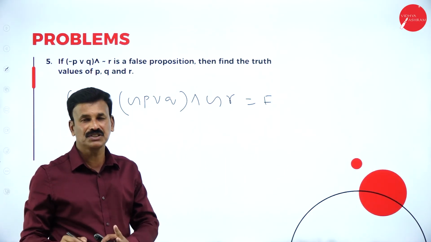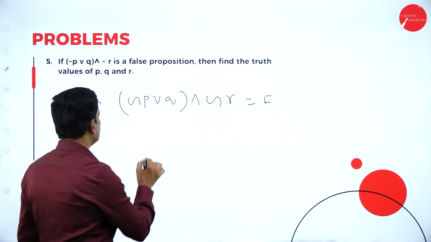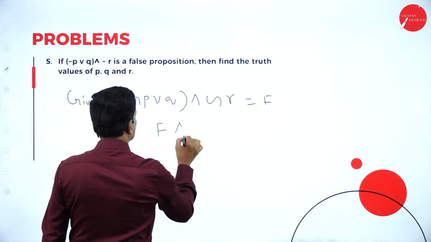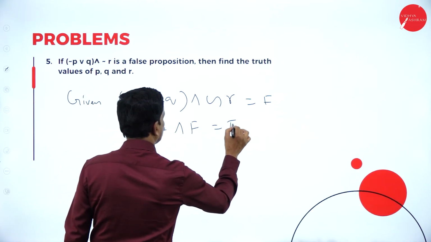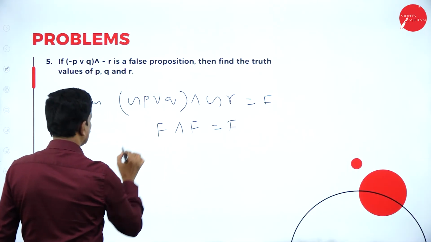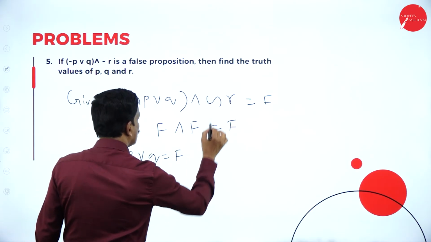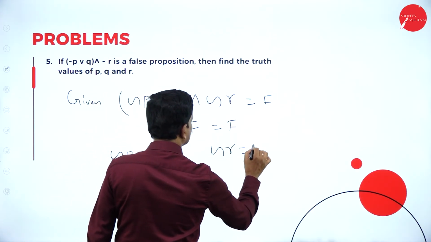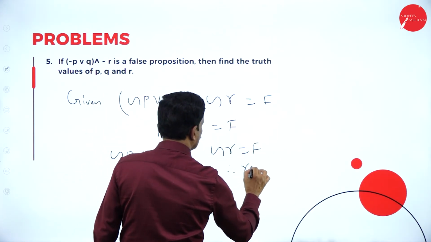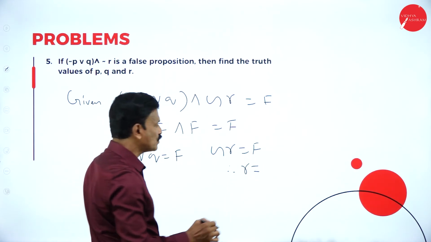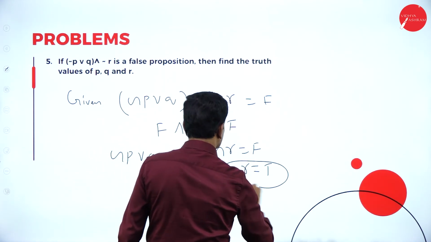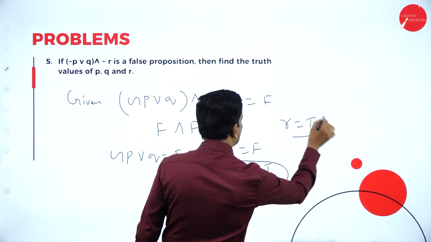For conjunction, false and false is false. So that means this is false, conjunction false is equal to false. Therefore negation of P disjunction Q is false and negation of R is equal to false, therefore R is equal to true, right? So here R is equal to true, one value we got.